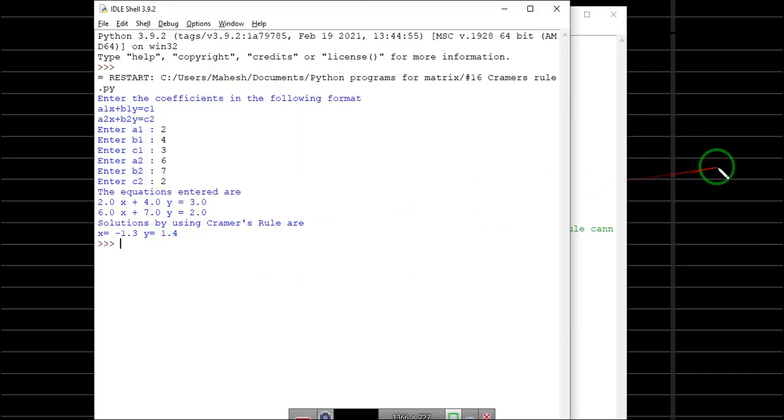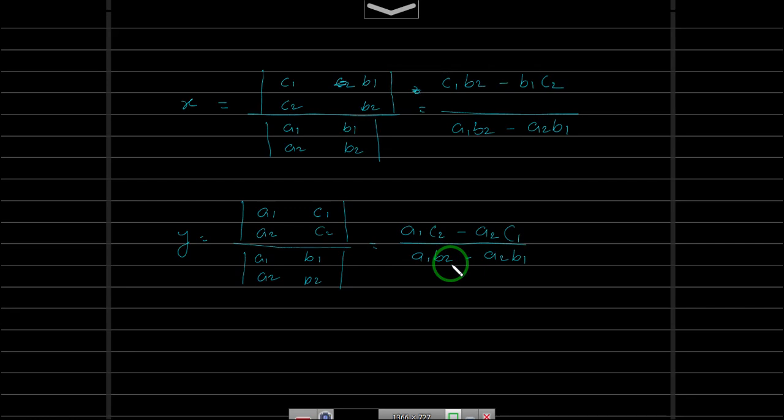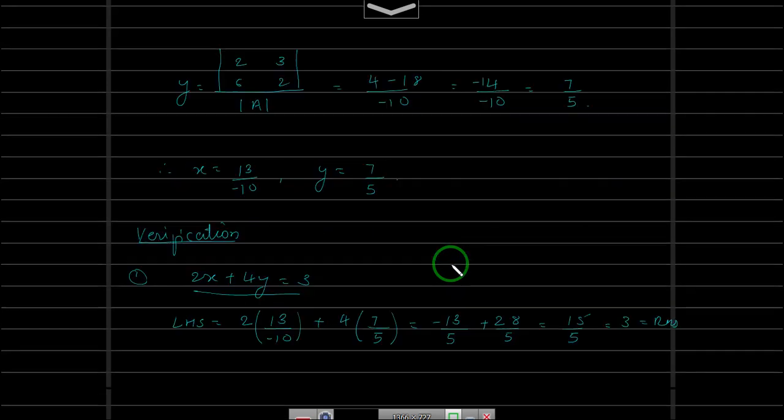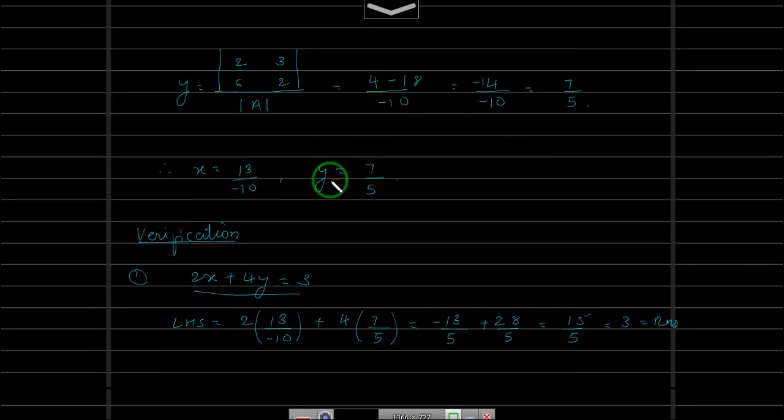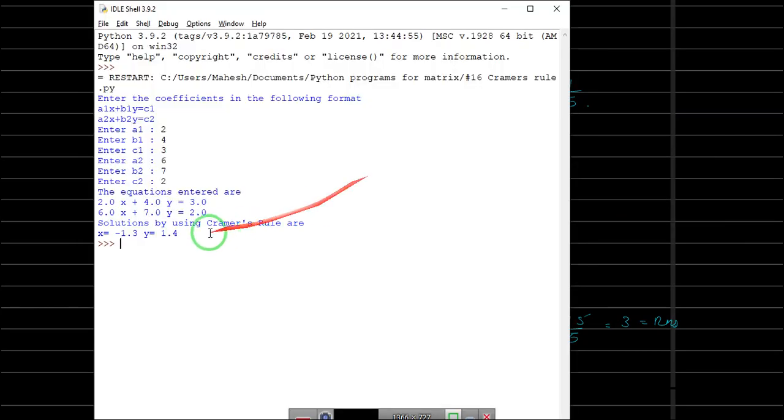When we calculated, we got the values of x and y as this. Divided by 10, that means it is 1.3 and this minus 10, so x is equals to minus 1.3. That's correct. And this is nothing but 14 upon 10, that is 1.4.